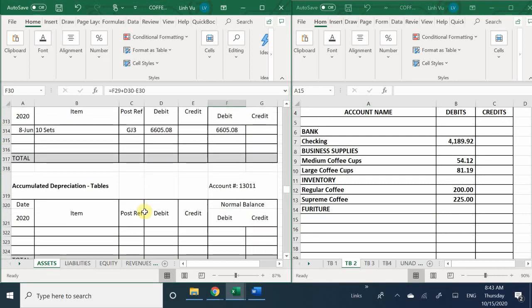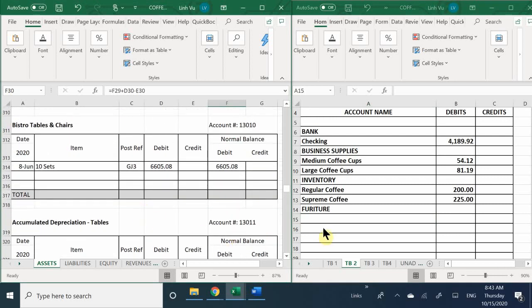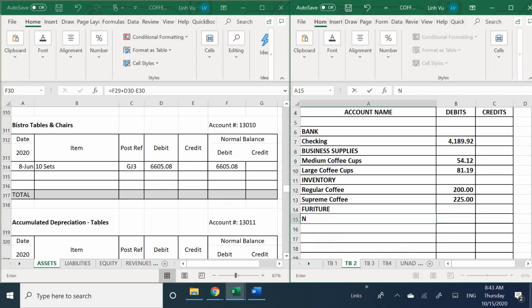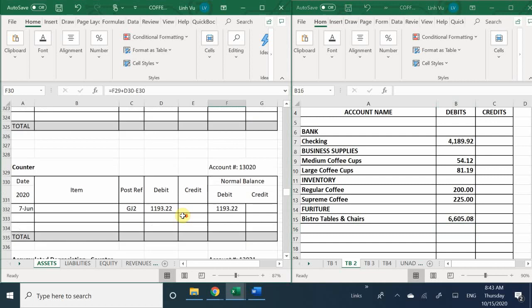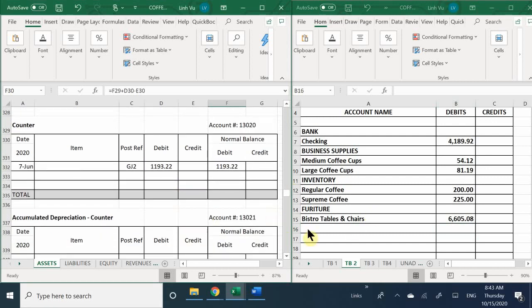We have bistro tables and chairs for $6,605.08.